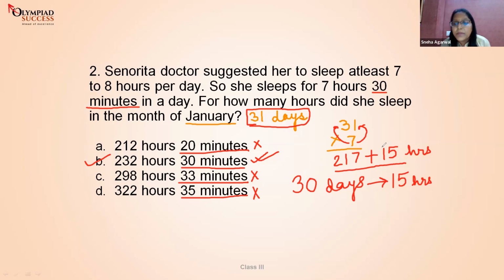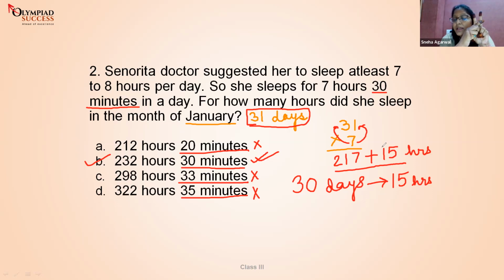Okay. So for the month of January, what we have done: first we found how many days we have in the month of January. That's 31 days, right? So she's sleeping for 7 hours, 30 minutes. You can easily calculate for 7 hours for 31 days. You got 217 hours. Now you need to calculate for half an hour, 30 minutes. If in 1 day she is sleeping for half an hour, then in 2 days, if you combine these 2 days' timing, it will be 1 hour, right?